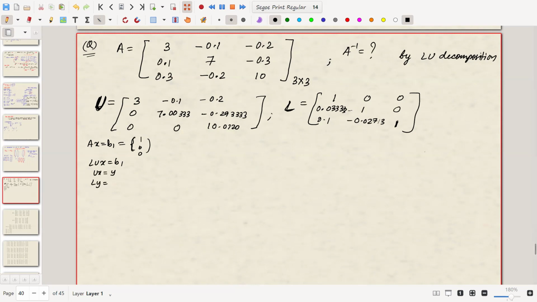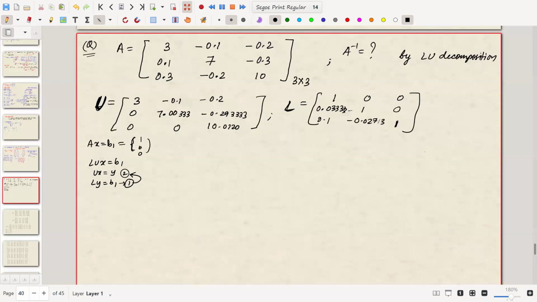Then you solve Ly equals B1. This you should solve first. Then you should solve the other one second. The order is different. Don't solve the second one first. First, you should solve Ly equals B.